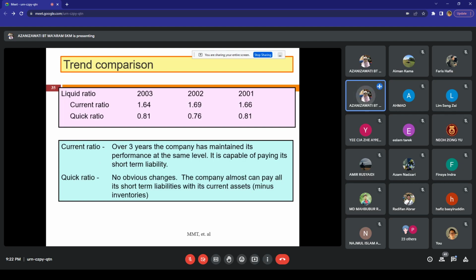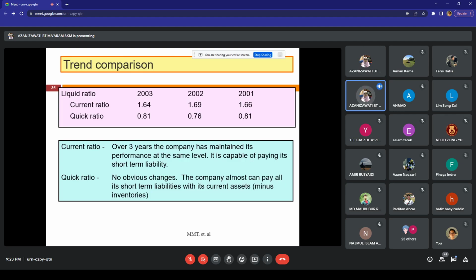Okay, but for this trend comparison, for example, you have 3 years, so 2003, 2002 and 2001. So you calculate for each of the ratio. So for example, current ratio, and you compare for these 3 years as well as the quick ratio. So you can see the trend.